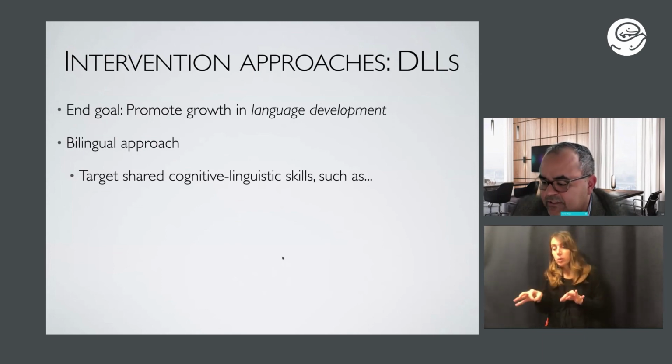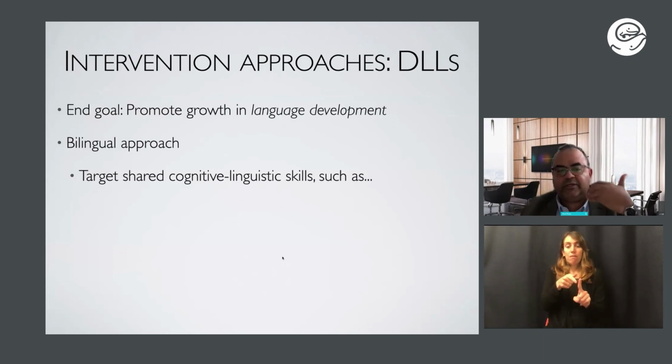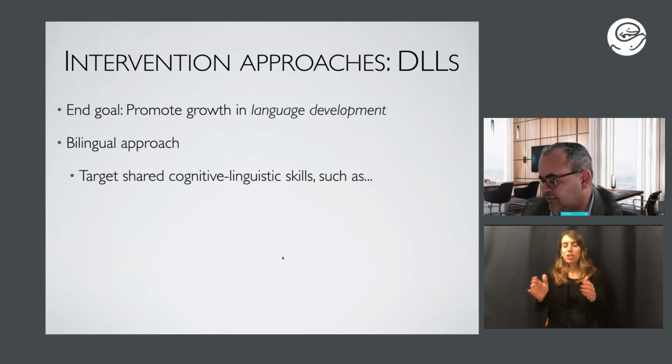The idea is that the language itself that you're providing the therapy in is not really important because you're working on shared cognitive skills, right? Some of these have to do with overall semantic organization, things like convergent naming, like the skill of saying that pizza and tacos and donuts and hamburgers are all what, right? This kind of semantic organization is a shared cognitive linguistic skill.